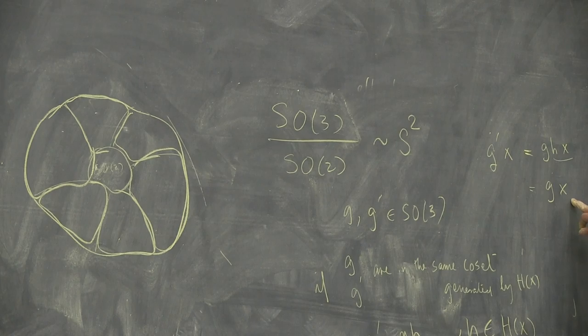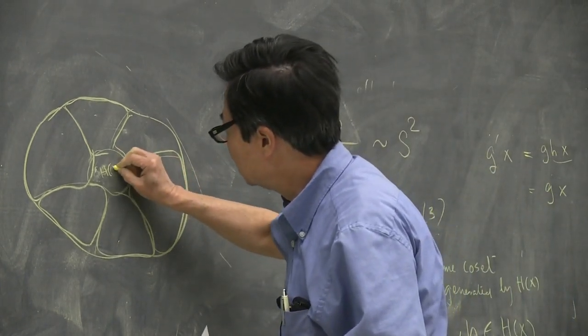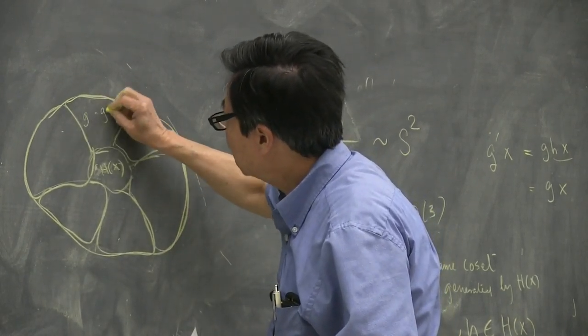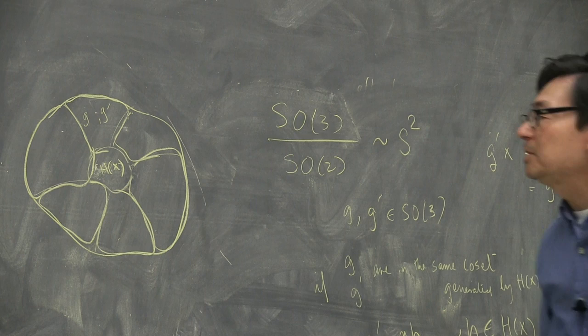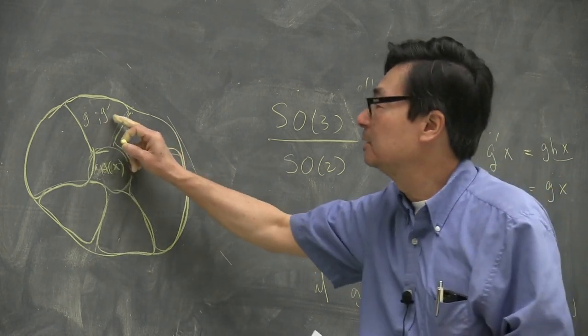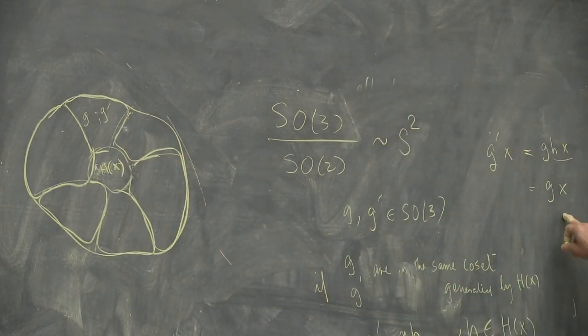You take this isotropy subgroup H_X, and if G and G prime are both in the same coset, then both will have the same effect on X, as we have just shown.